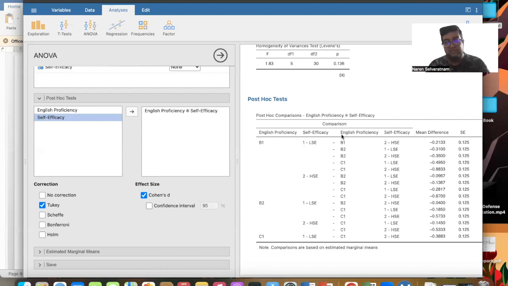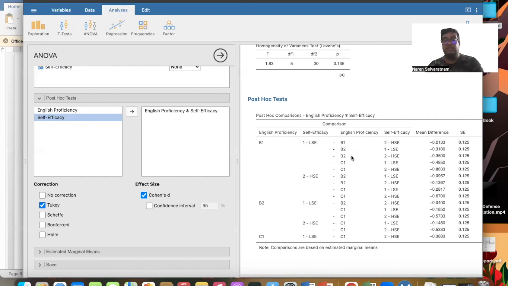Here they have run a total of, you can calculate how many, 1 2 3 4 5 6 7, multiple pairwise comparisons. So the way that you do this is B1 LSC with B1 HSC.